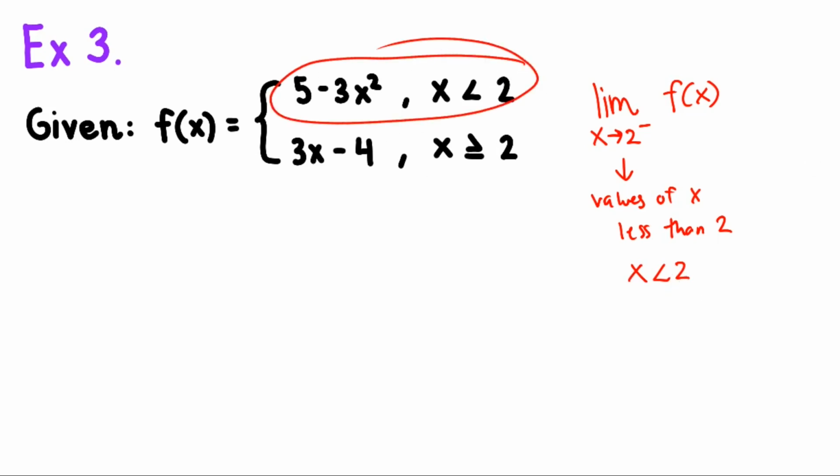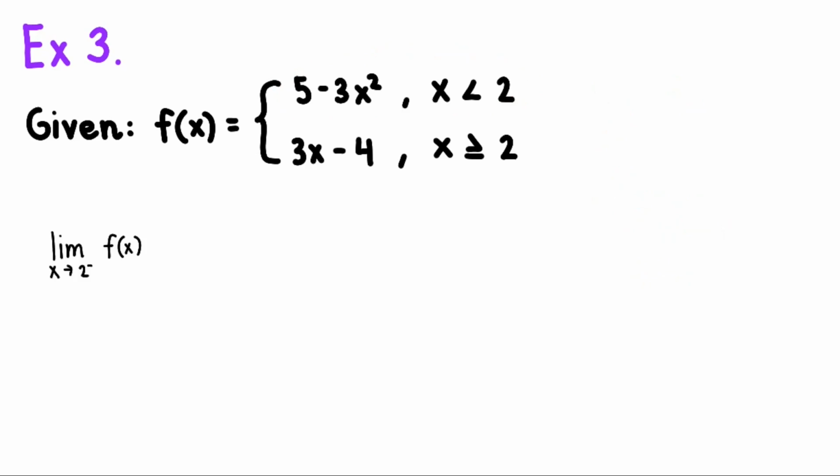So we know that the limit of f of x as x approaches 2 from the left is simply this function out here, 5 minus 3x squared. And since there won't be any problem when we plug in 2, we can do direct substitution like how we do normally in normal limits. So we have 5 minus 3 times 2 squared, and this will give us, when simplified, negative 7.